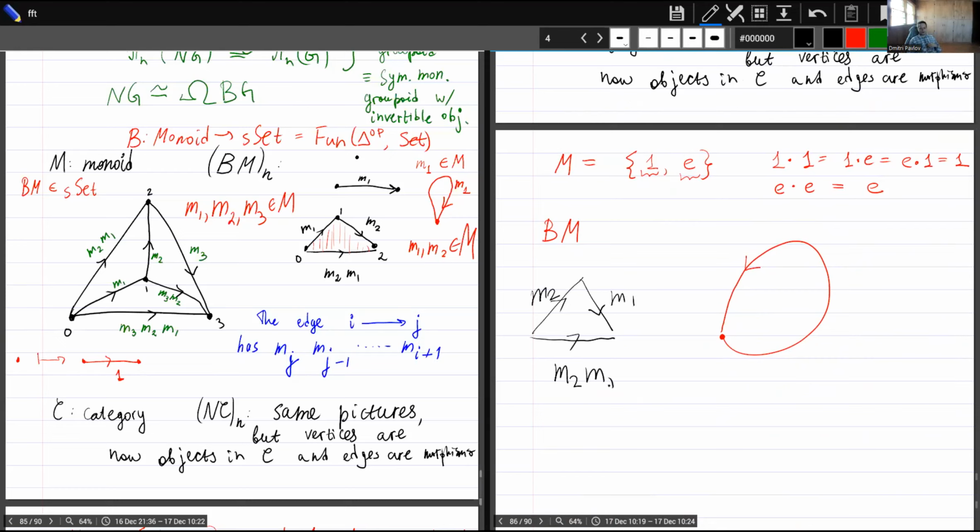And if m1 or m2 are the neutral element 1, then the resulting two-simplex will be degenerate, which we don't indicate in the picture really. So our only choice to get a non-degenerate simplex is that both m1 and m2 are e. And then their product will also be e.